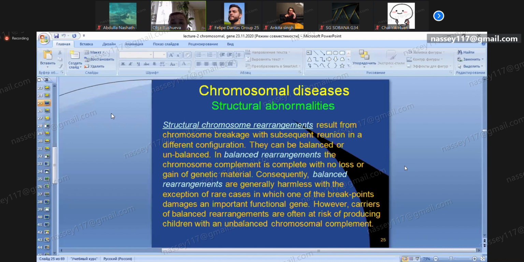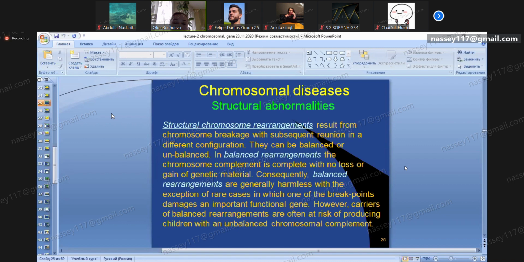Structural chromosomal abnormalities result from chromosome breakage with subsequent reunion in a different configuration. They can be balanced or unbalanced. In balanced translocation, the chromosome complement is complete with no loss or gain of genetic material.